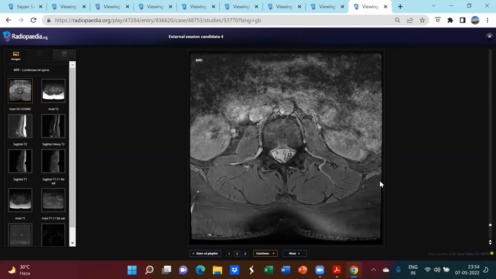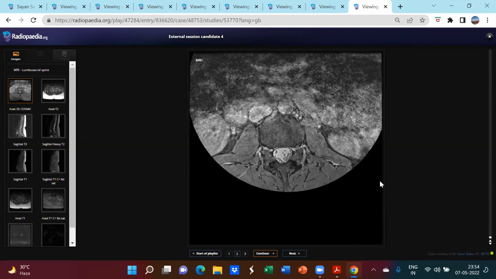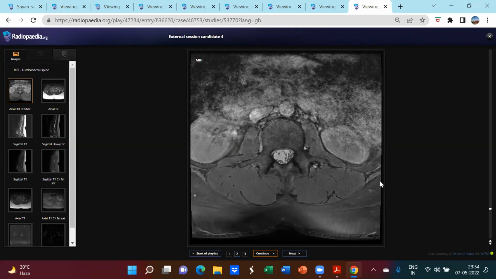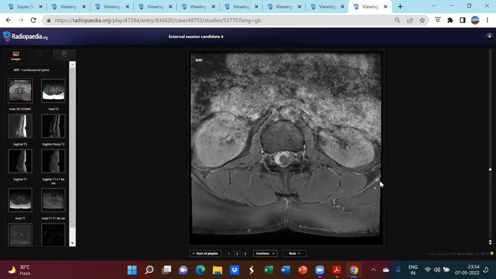All right. So this is MRI lumbar spine of a 40-year-old person being evaluated for backache.